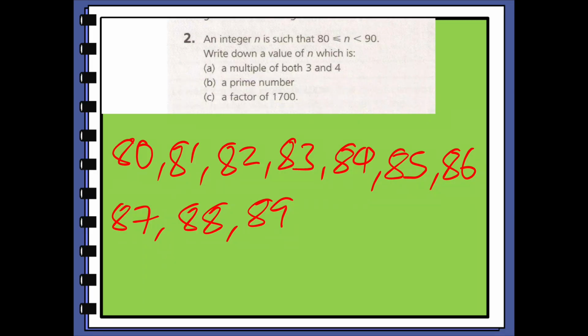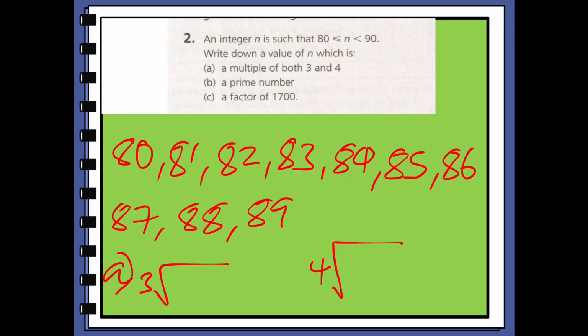Okay, now let's answer question A, which says a multiple of both 3 and 4. So which of these numbers can be divided by 3? Because when you say a multiple, it means 3 should enter that number. And the same number should also be divided by 4.